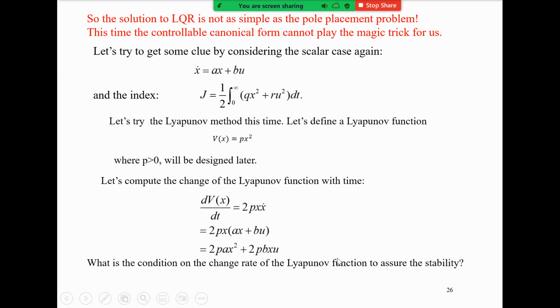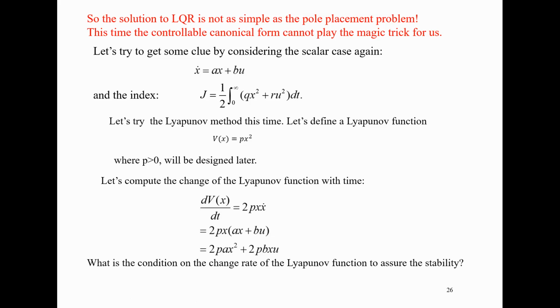Okay, from part 1, to assure the stability, what is the condition on the change rate of the Lyapunov function? What is the condition? It has to be, come on, that should be very simple. Tell me, what is the condition?